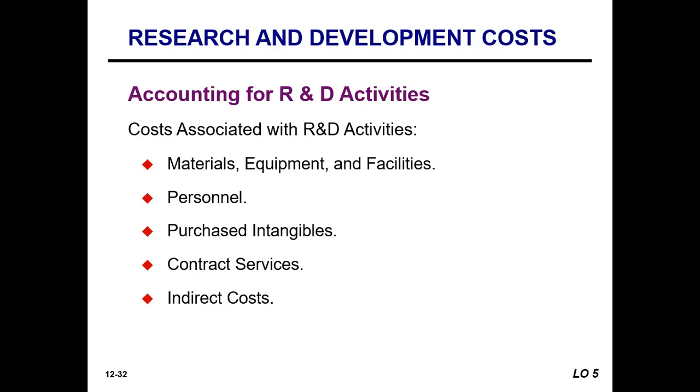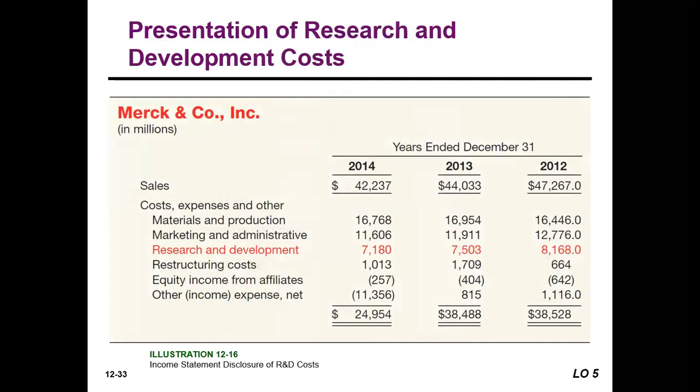All right, so this, again, illustration or partial income statement out of your book. I guess maybe condensed income statement would be a better term for it. This is just showing us that, in fact, the research and development expense can be a significant percentage of our total sales.